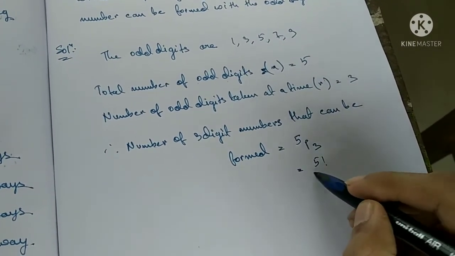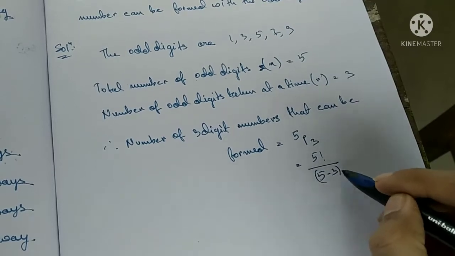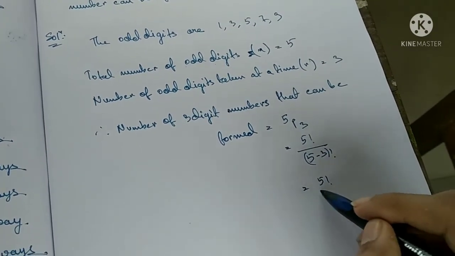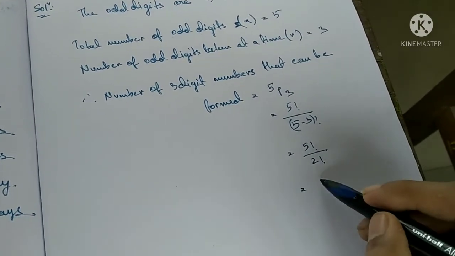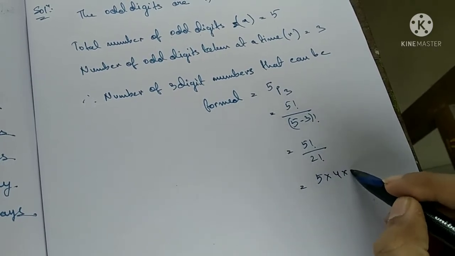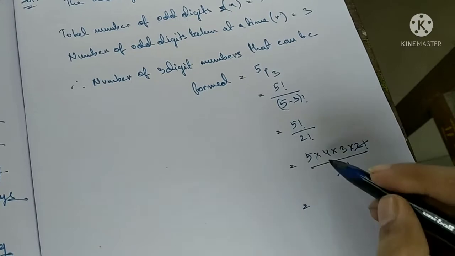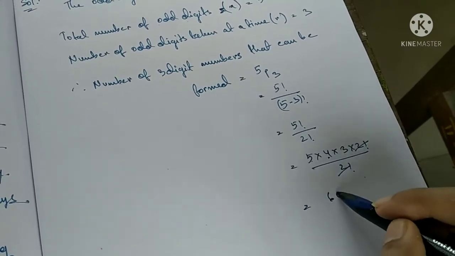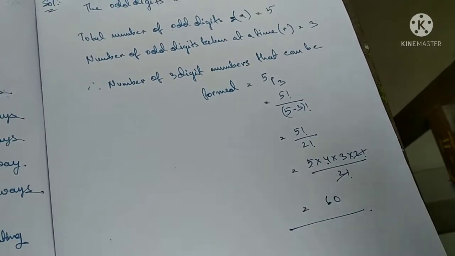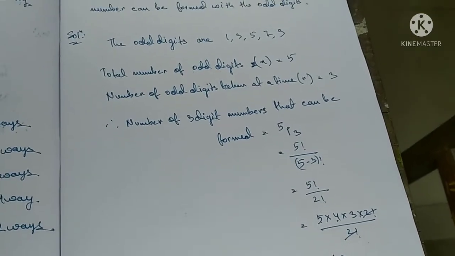This is 5 factorial by (5 minus 3) factorial, which is 5 factorial by 2 factorial. 5 factorial I can write as 5 into 4 into 3 into 2 factorial by 2 factorial. So this is ultimately 5 4 is 20, 60 I will get. Understand? 60 is the answer.